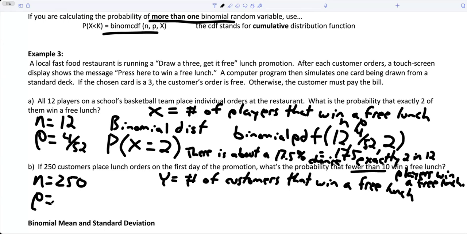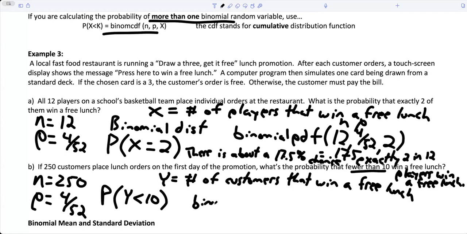The probability of success is still the same. It's 4 out of 52. And we want to find the probability that Y is less than 10, because it says fewer than 10. So just be careful here.